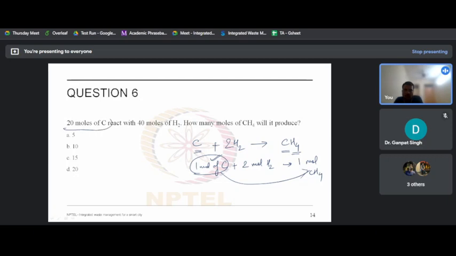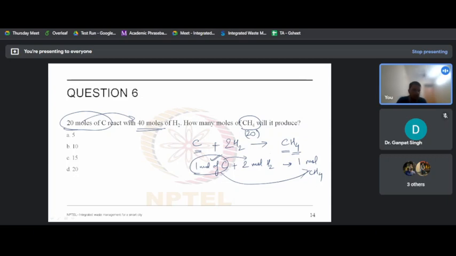Here we have 20 moles of carbon, and we are supplying sufficient hydrogen, 40 moles. How much ever carbon we have, we supply 2 times hydrogen at a minimum. So 20 moles we had, and 40 moles we have supplied, the minimum required as per the reaction. So how much methane will be formed? Simply 20, because 1 mole of carbon was forming 1 mole of methane.